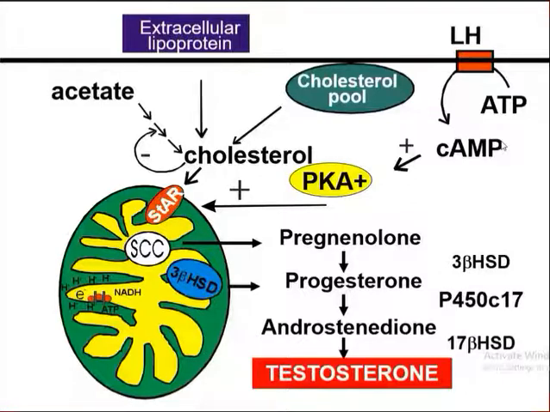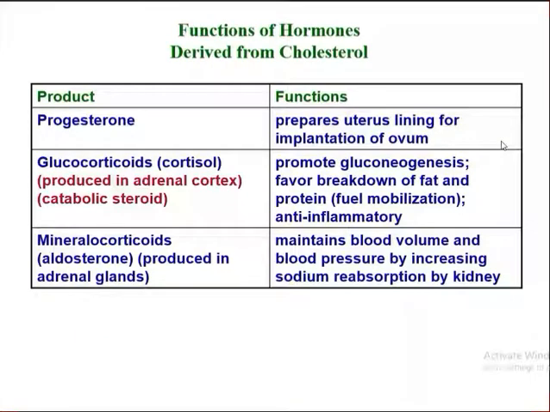Now the product progesterone prepares... What is the function of hormones? Progesterone, what is the function of progesterone? It prepares the uterus lining for implantation of the ovum. Estrogen is not given here, but glucocorticoid and mineralocorticoid, you know that.